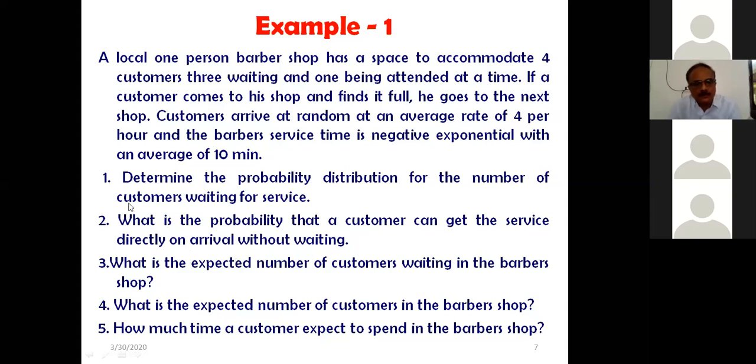This will happen only when the system is empty, right? If one is not required to wait and is getting service directly, this indicates that the system is empty. So you will have to choose those 6 formulas and apply them here to answer these questions.